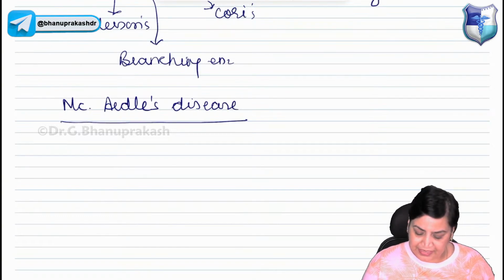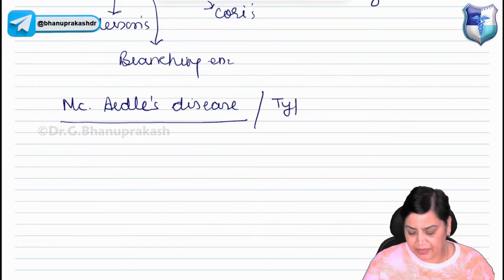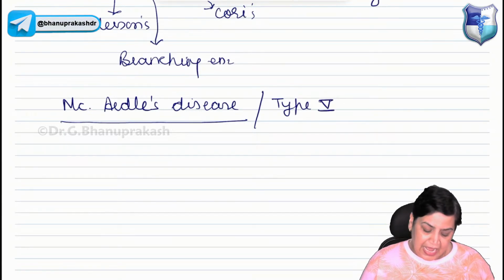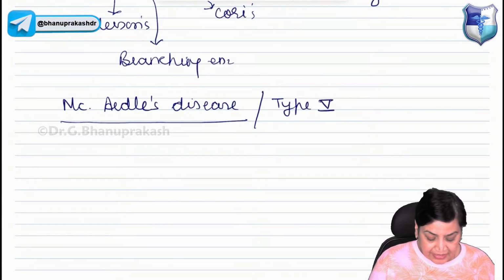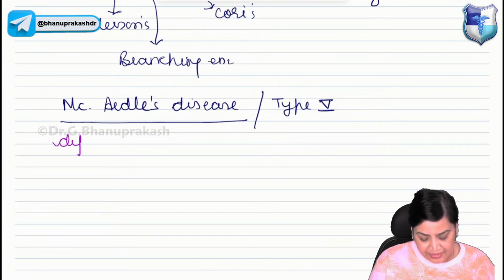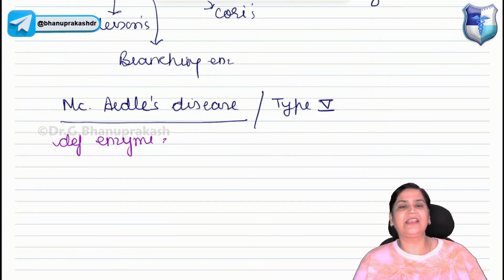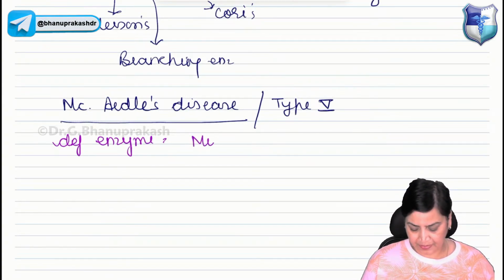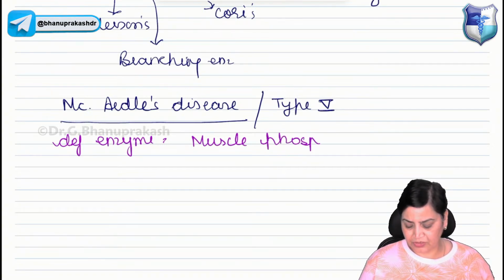Now coming over to the deficient enzyme here. This is a very interesting disease. The deficient enzyme here is muscle phosphorylase.